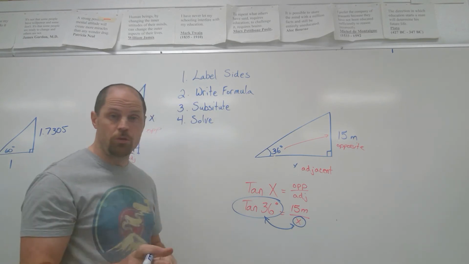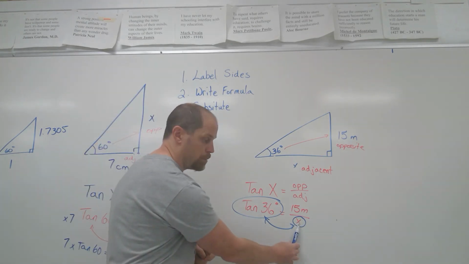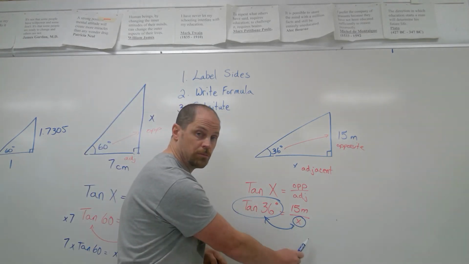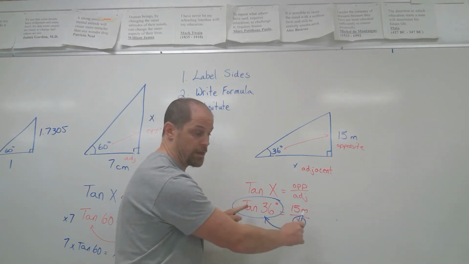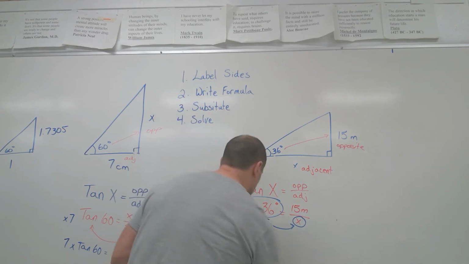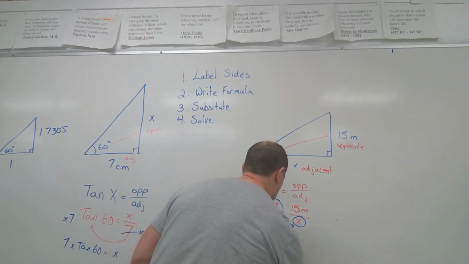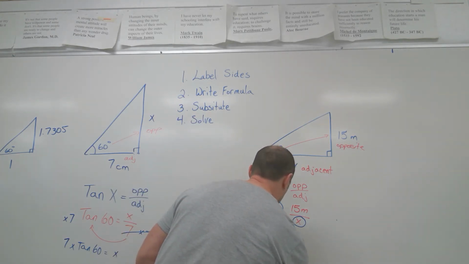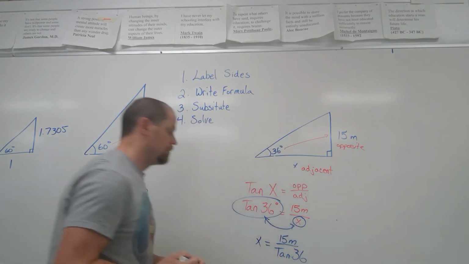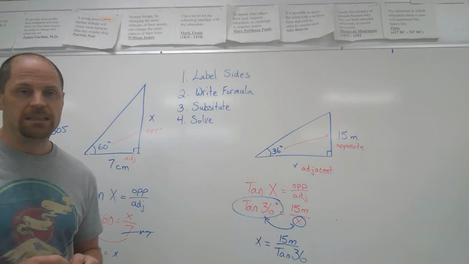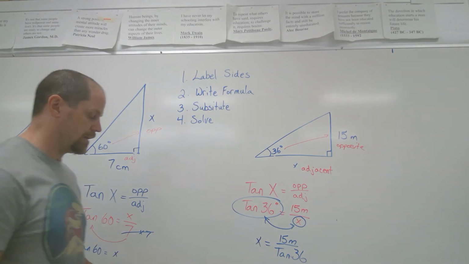And this is only possible when you're going from bottom to top and top to bottom on the other side. You cannot switch the top pieces. Remember that. So it becomes 15 divided by tan 36.